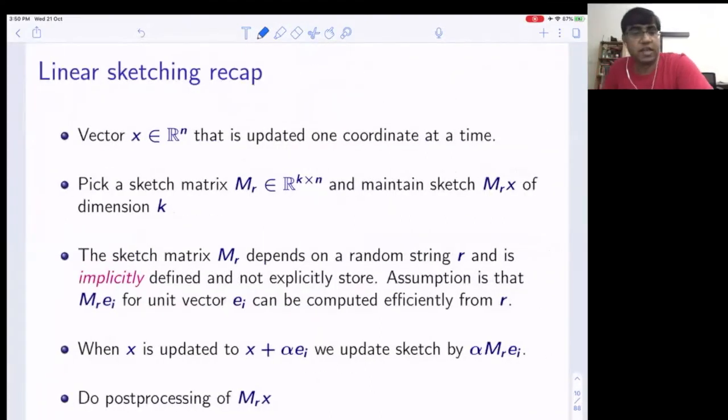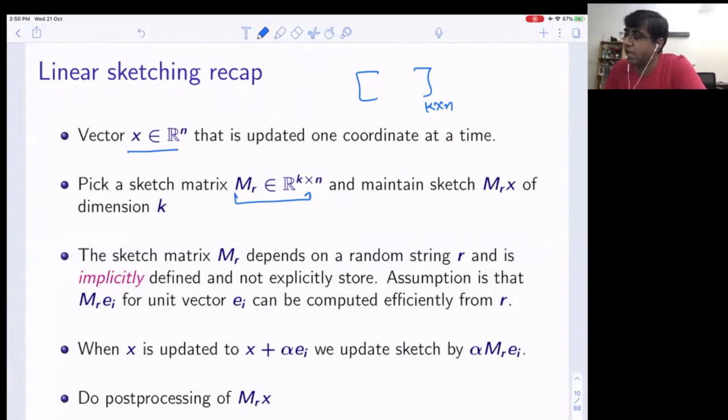So what was linear sketching? Let's have a small recap. Suppose you're given a vector x in R^n that is updated one coordinate at a time. What we did was pick a sketch matrix M_r, a wide matrix, which is thin row-wise but could be large column-wise.